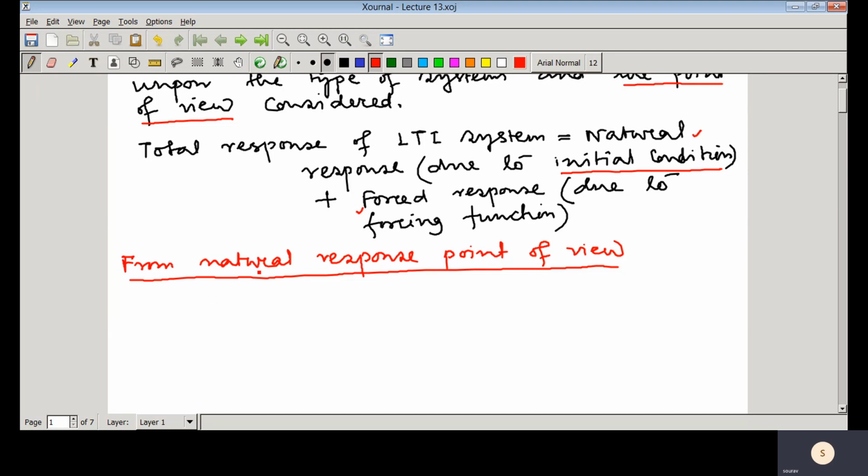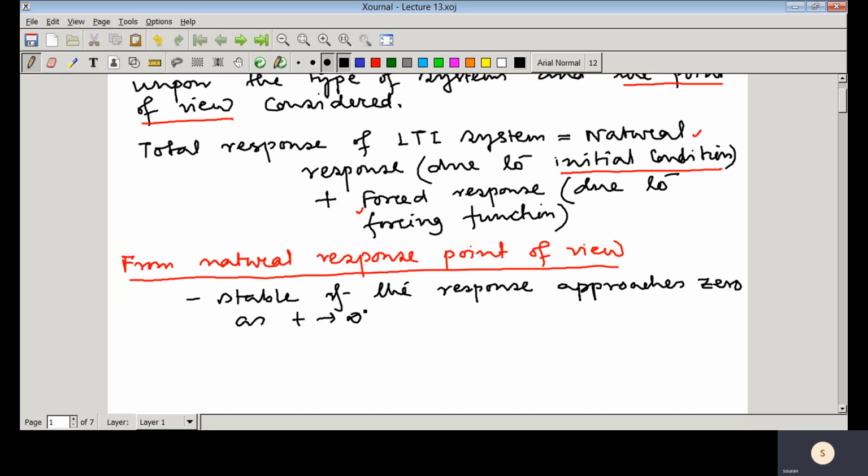It is called stable if the response approaches 0 as t tends to infinity. This particular stability is called asymptotic stability.